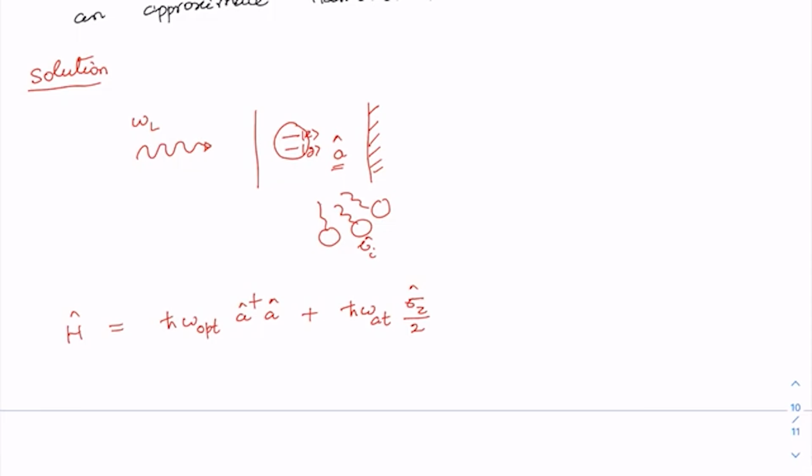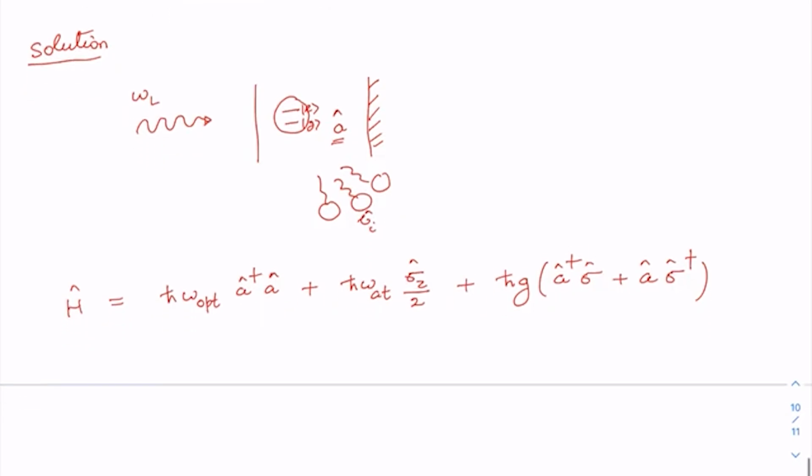And this atom-field interaction I can write down as, because you have already learned this in the context of the Jaynes-Cummings model, h cross g, that is the interaction strength between the atom and the mode, times a dagger sigma, where sigma is the atomic lowering operator, plus a sigma dagger, where sigma dagger is the atomic raising operator. So this is what we have for the atom-field interaction.